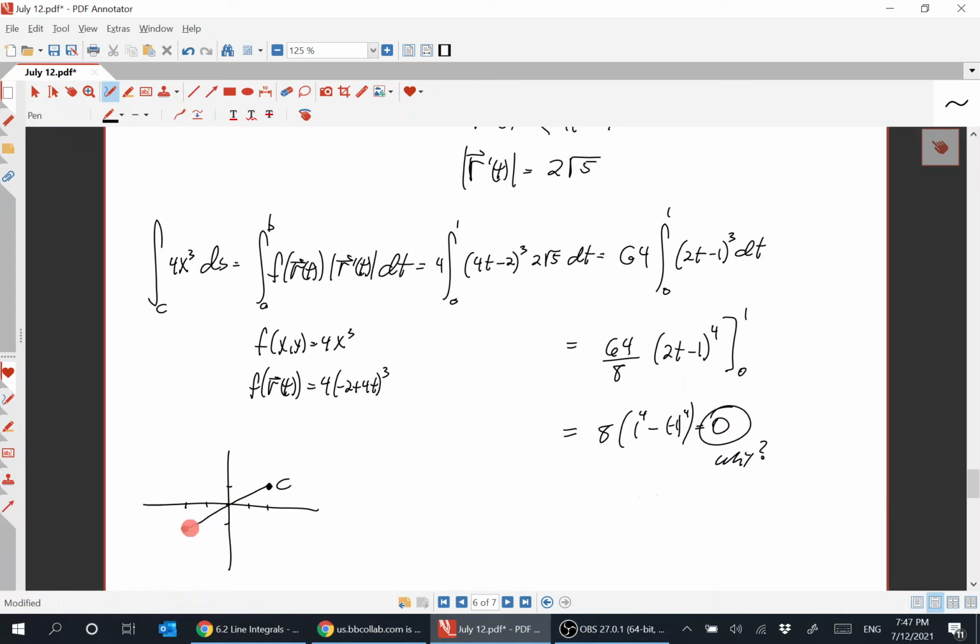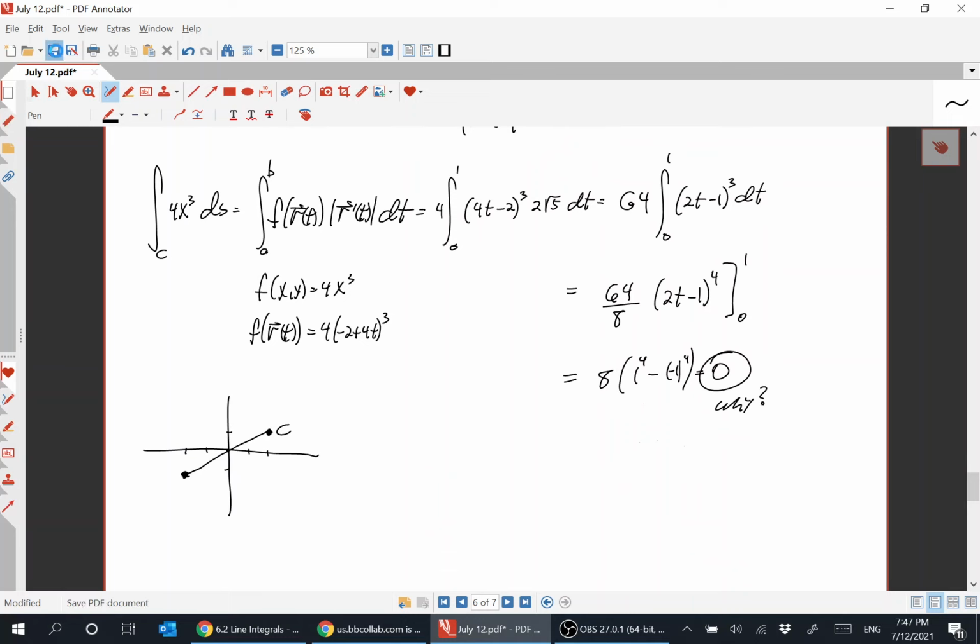And then over here, it's going to be the same value, except the negatives, because it's all nice and symmetric. If it was 4x to the third plus y, or they had some y along with it, this problem would be a little more interesting. You wouldn't get 0. Or if you did the integral, say, from the origin to 2, 1, it might be a more interesting answer. But anyway, this one is 0.